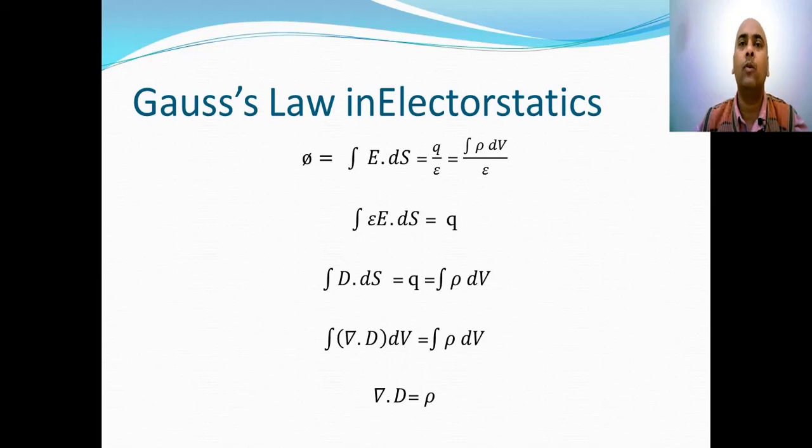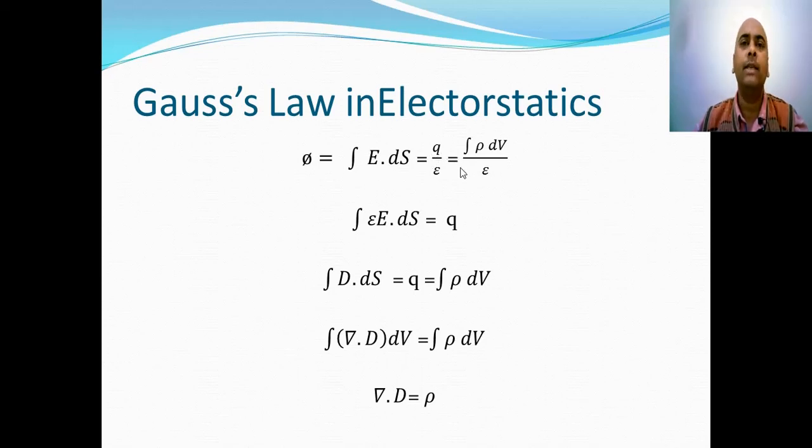And as per the Gauss law, the total electrical flux phi linked with a closed surface S enclosing charge Q can be obtained by taking the integral of electrical field over the surface S, and which when computed comes out to be Q by epsilon naught, where Q is the total charge enclosed by the surface.